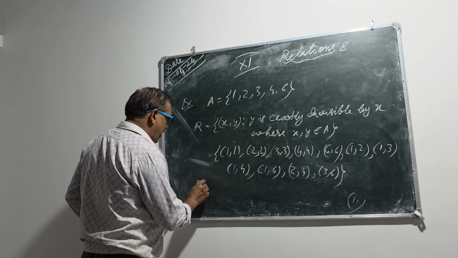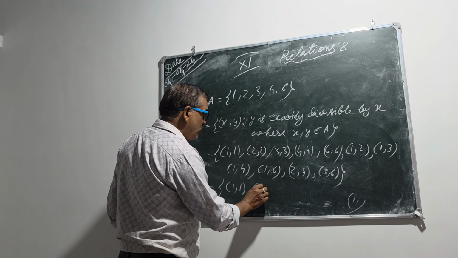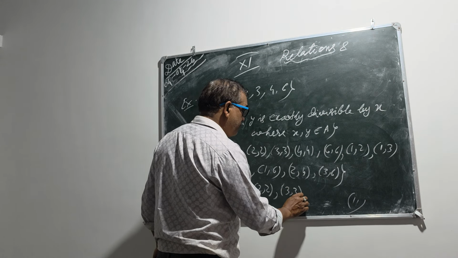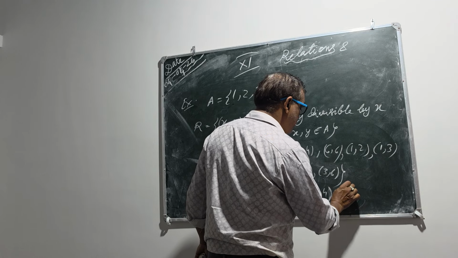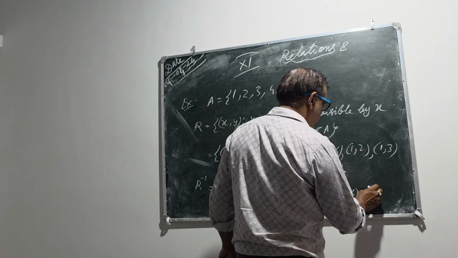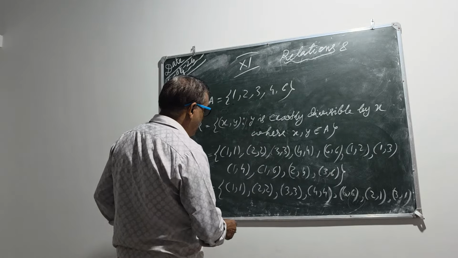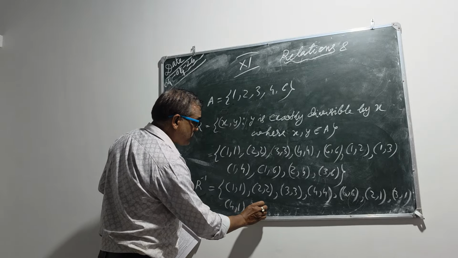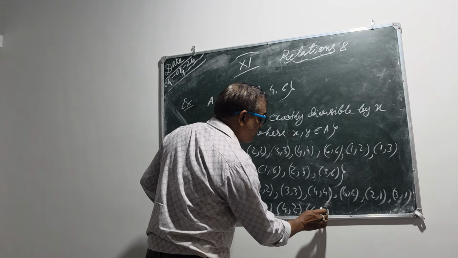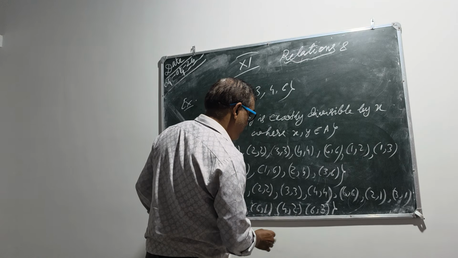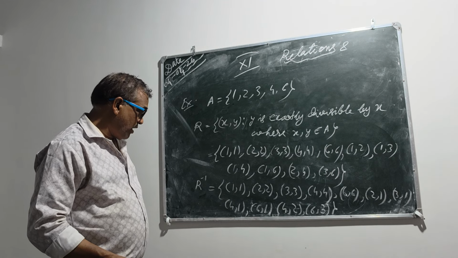R inverse can be found by reversing the ordered pairs: (1, 1), (2, 2), (3, 3), (4, 4), (6, 6), then (2, 1), (3, 1), (4, 1), (6, 1), (4, 2), and (6, 3).